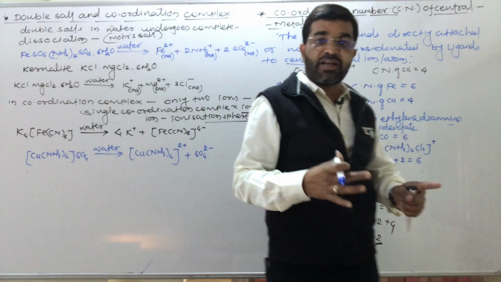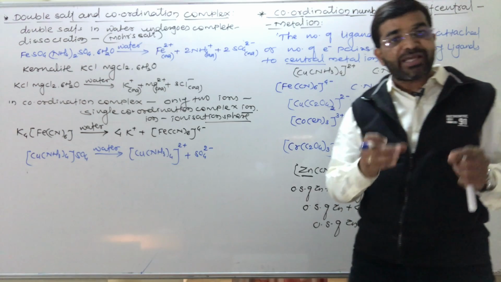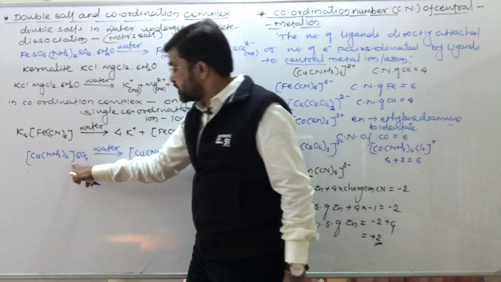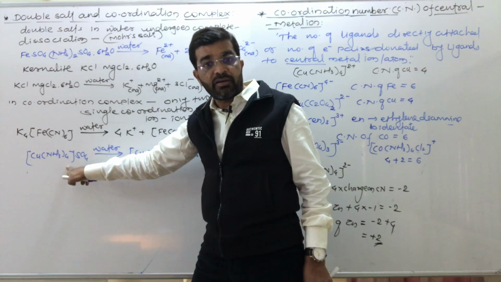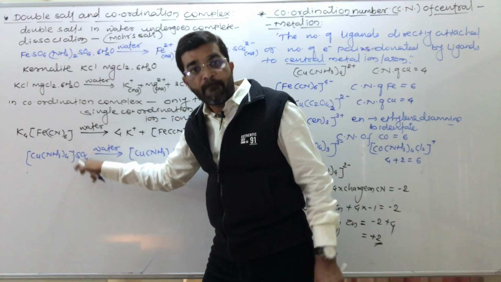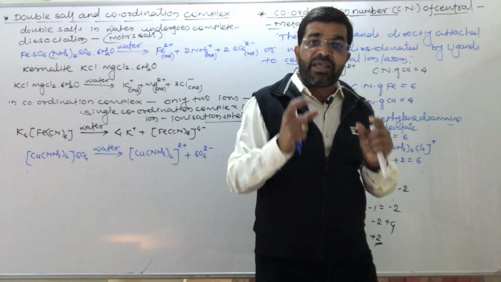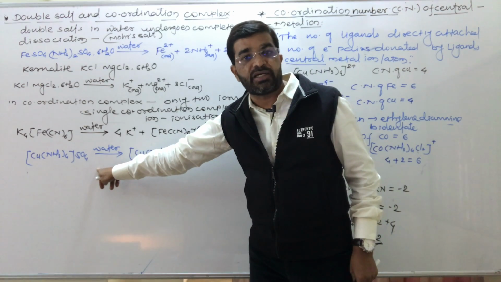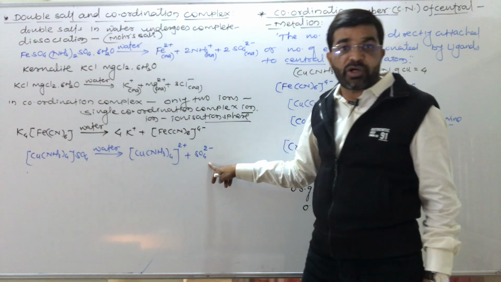Sulfate ions are present in the ionization sphere. In this complex, this is the coordination sphere, okay, and this is the ionization sphere. Now the ions of this ionization sphere separate from this complex after adding to water.